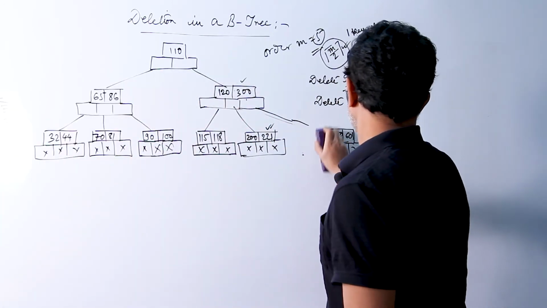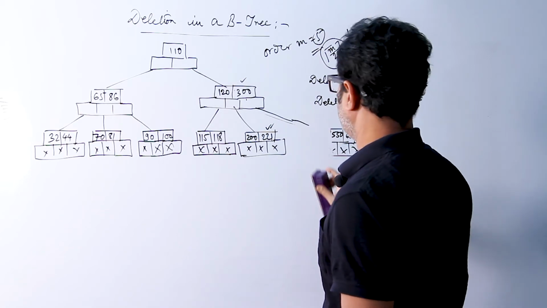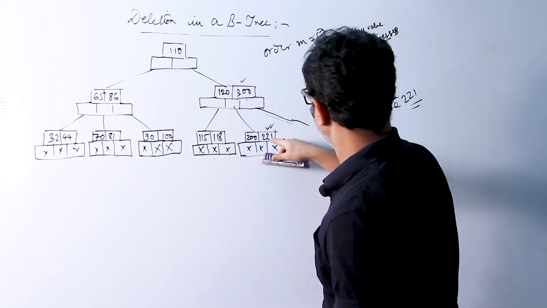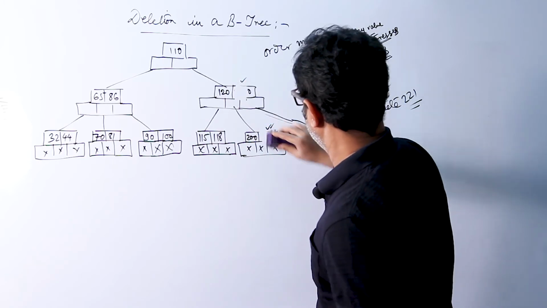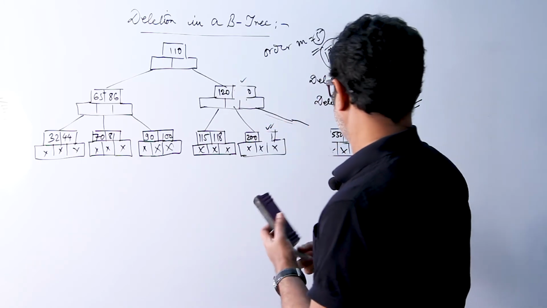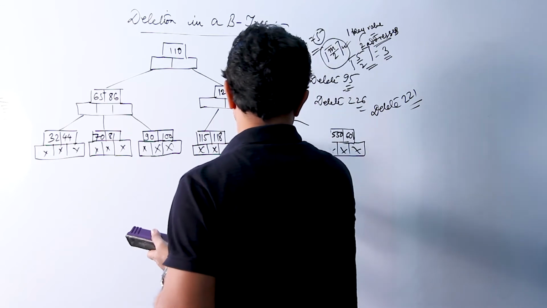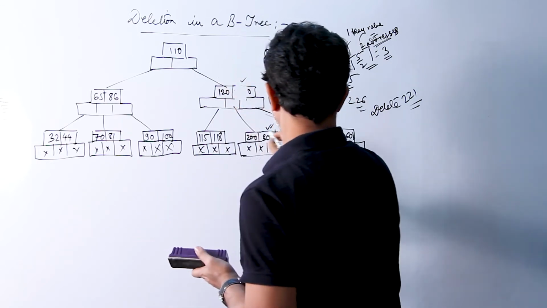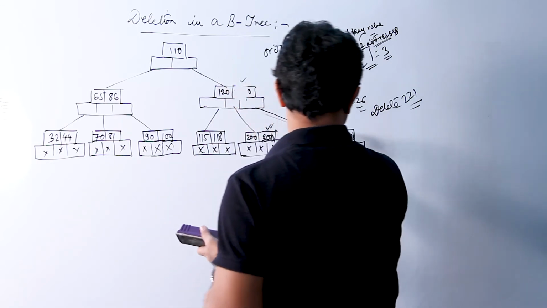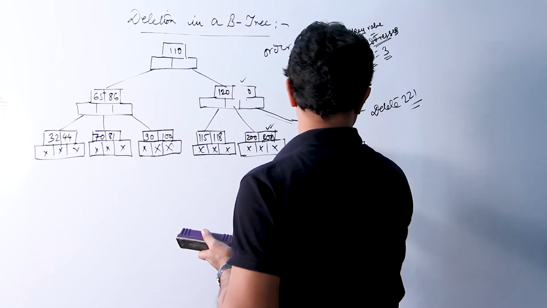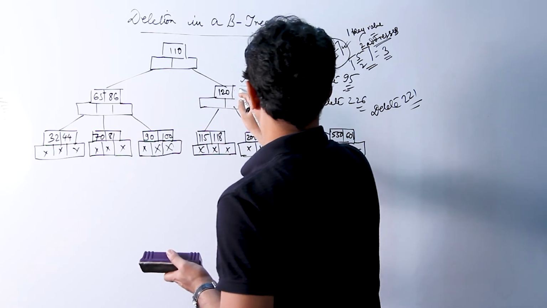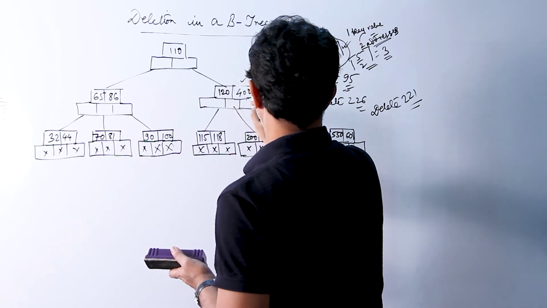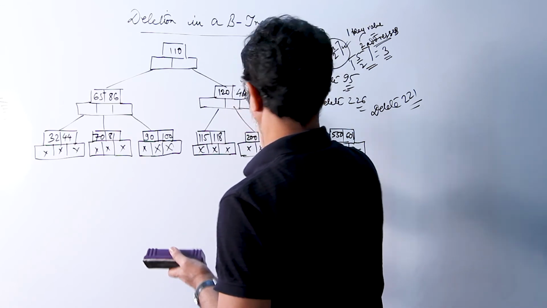So here 221 gets deleted, 300 comes over here. So 300 will come over here, and this 440 from over here will go to, sorry, this is 440.